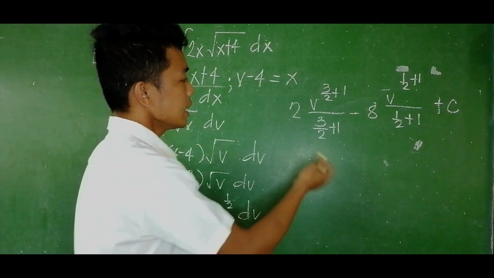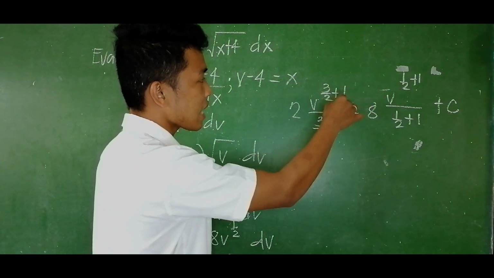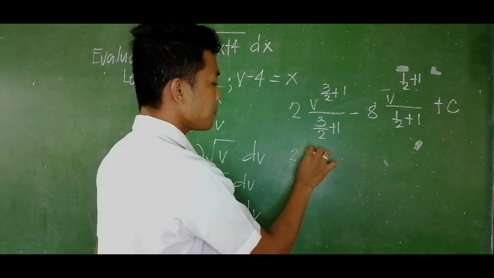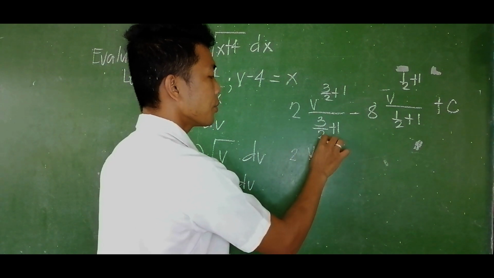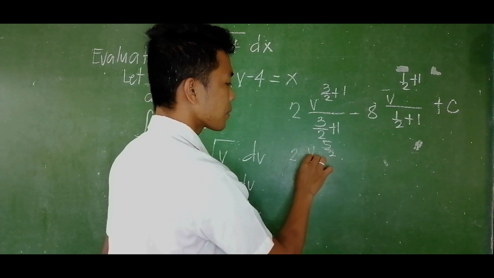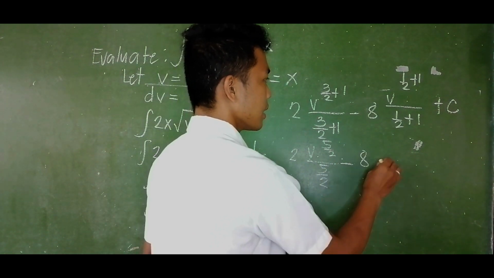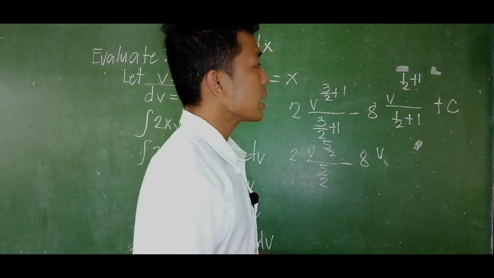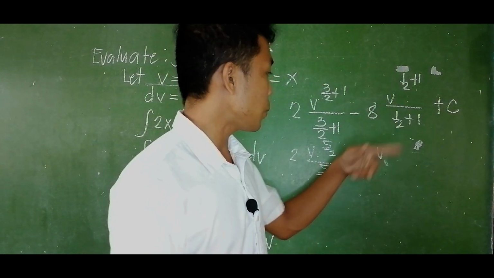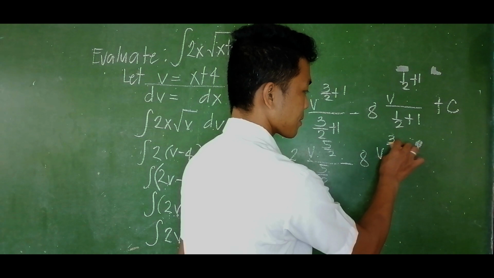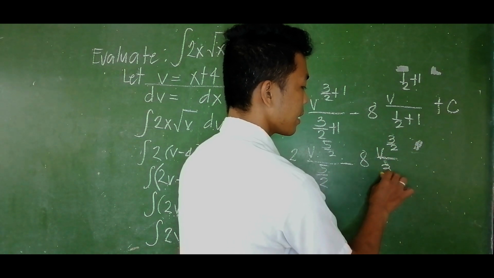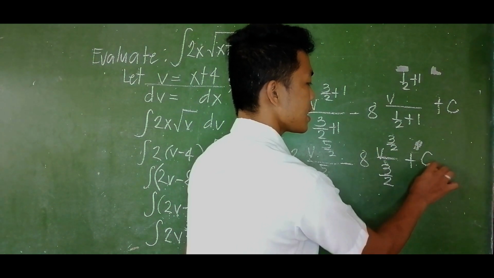Okay. And then we simplify 3/2 plus 1. We will get 2 times v raised to 5 over 2 over 5 over 2 minus 8 times v, and then the exponent is 1/2 plus 1. We will have v raised to 3/2 over 3/2 plus c.